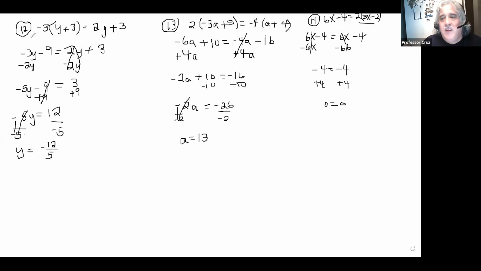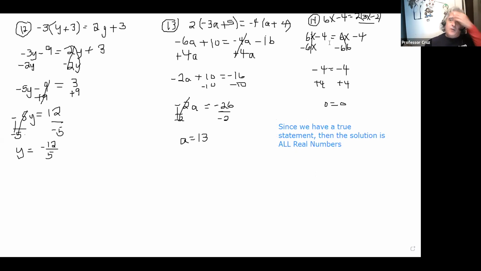All right, so the way this works is, so the solution is all real numbers, and you could kind of test this if you wanted to.